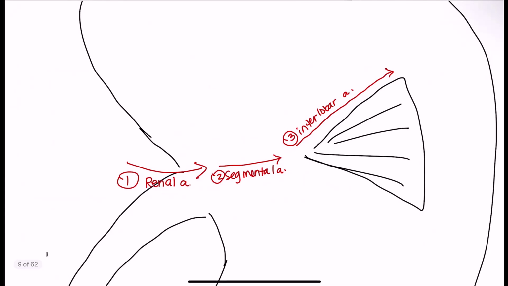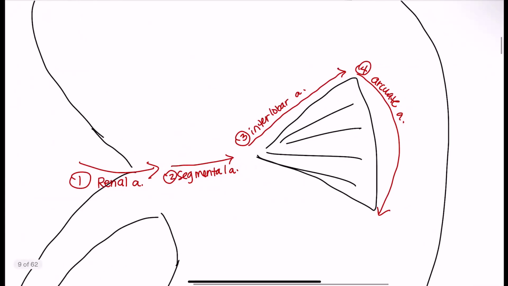And then we kind of arch over. That's called the arcuate artery. That's number 4. Arcuate artery. Arcuate means arch-like. From there, number 5 is that we go up. That blood vessel goes up.